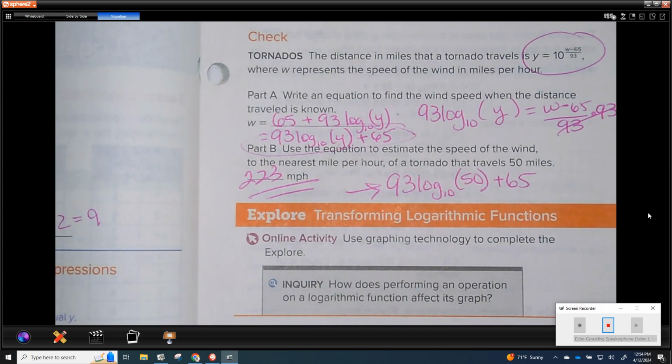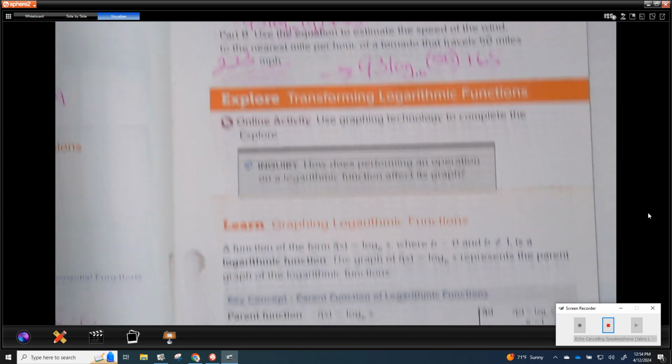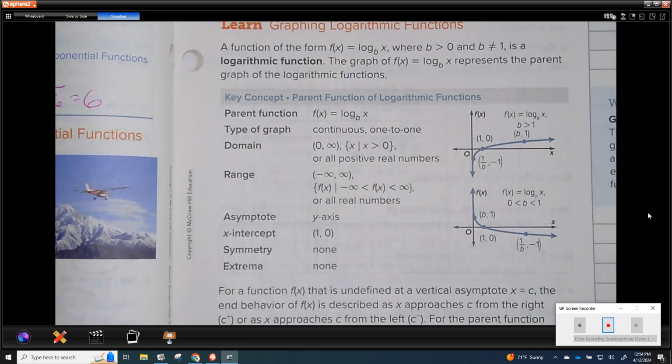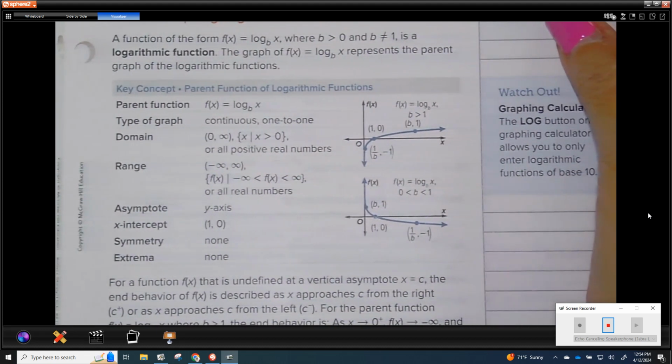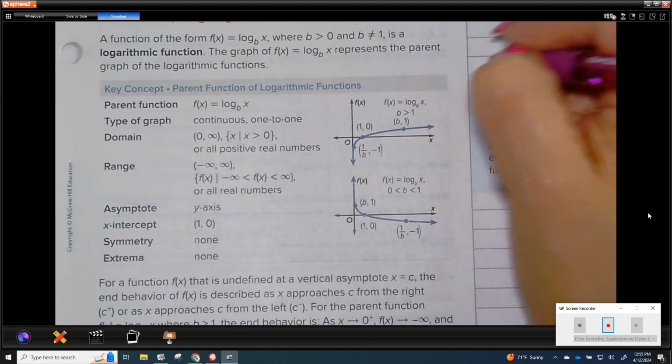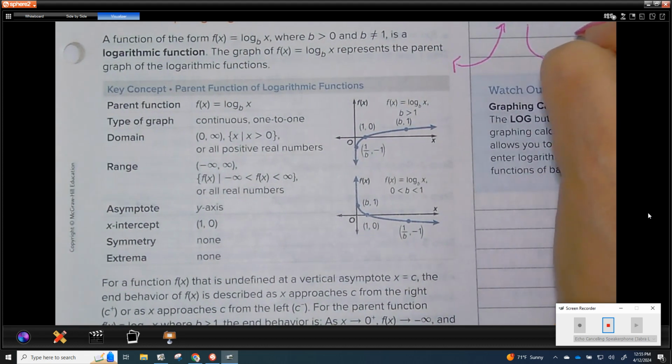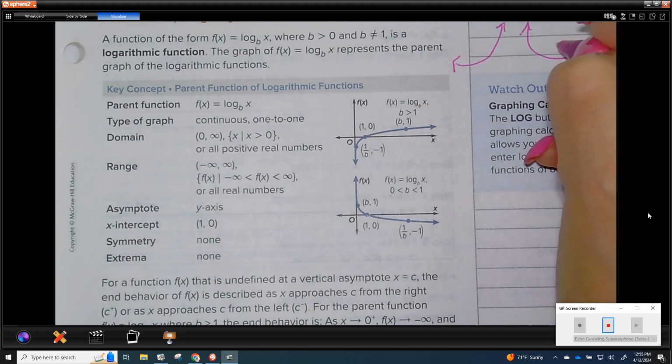All right, now we're going to look at the graphs real quick. Graphing, like I said, it's the inverse. So remember exponential, we had two different graphs. We had this for growth and this for decay. And it all matters on our rate.